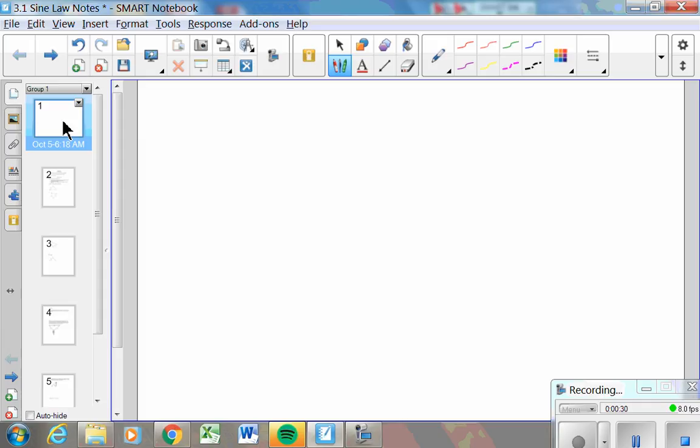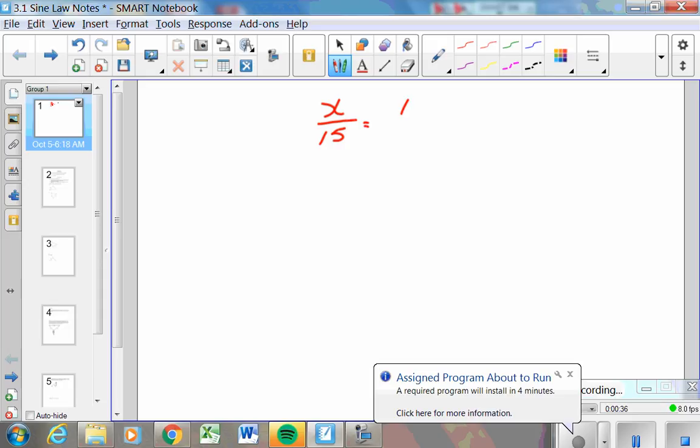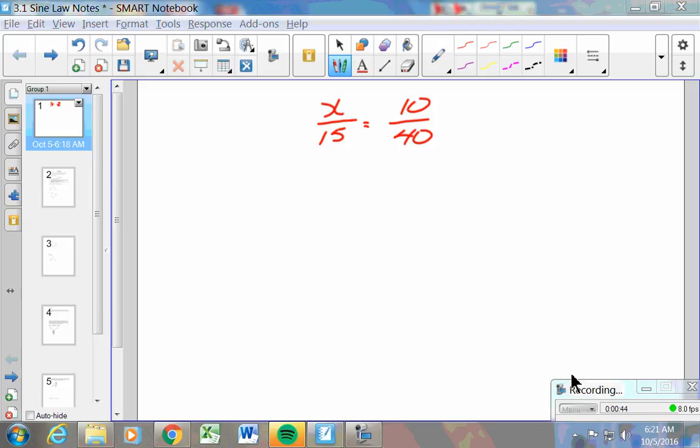We're doing an example with cross multiplying. If we have x divided by 15 equals 10 over 40, I want to solve for the value of x. I want us to do this two different ways. Traditionally, we take our information and go 40 times x, so the top number times the bottom number, equals 15 times 10.